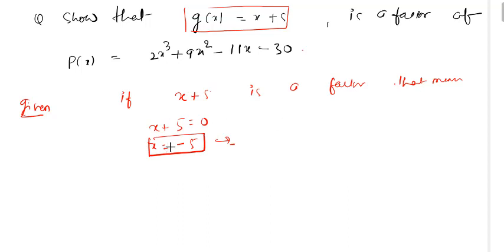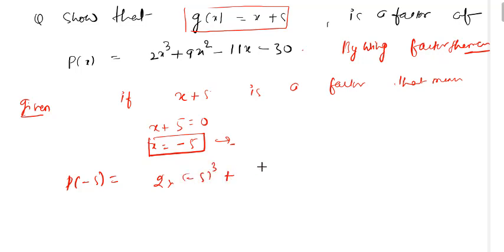By using the factor theorem here, x equal to minus 5, hence p of minus 5 equal to, we will calculate it like 2 into minus 5 cube plus 9 into minus 5 square minus 11 into minus 5 minus 30. Here 125 times 2 gives you 250.